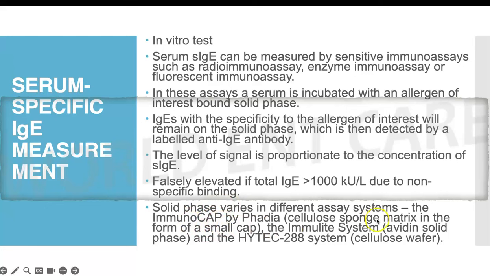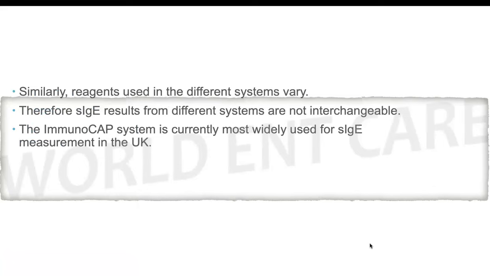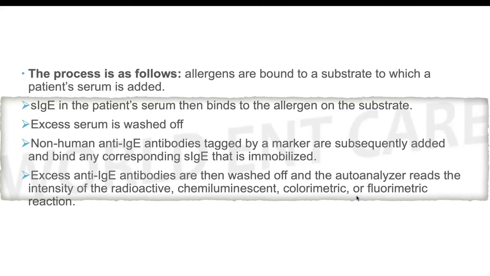Then we have the Immulite system that has an avidin solid phase, and then the HY-TECH 288 system that has a cellulose wafer as solid phase. Similarly, reagents used in different systems vary. Therefore, serum IgE results from different systems are not interchangeable. The ImmunoCAP system is currently the most widely used serum IgE measurement in the UK.